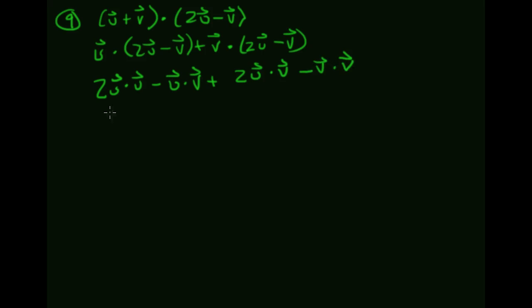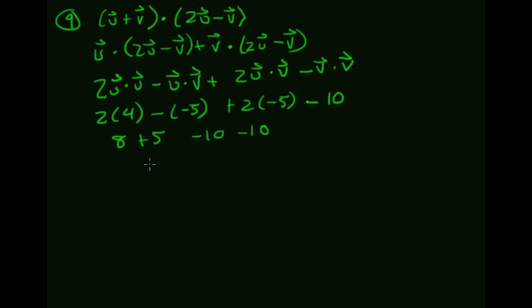And all of these values are given to me, so this is 2 times 4 minus negative 5 plus 2 times negative 5 minus 10. So let's see, this is 8 plus 5 minus 10 minus 10. That's 13 minus 20, which is negative 7. All right, so that's number 9.